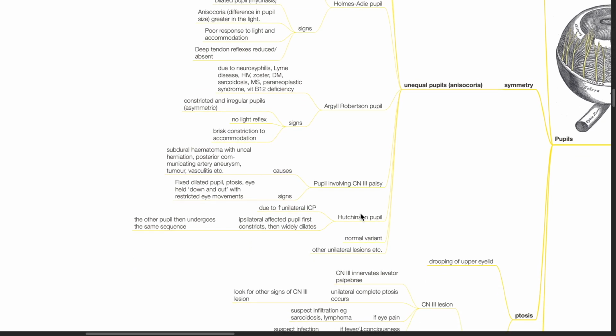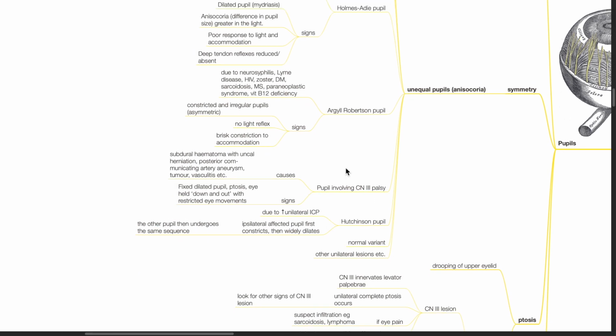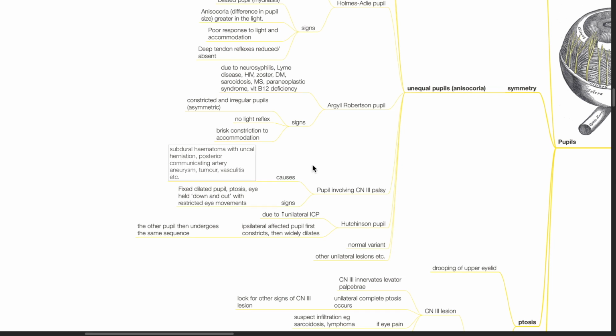Pupil involving cranial nerve 3 palsy. The pupil is fixed and dilated with associated ptosis, eye held down and out with restricted eye movement. Causes of cranial nerve 3 palsy include subdural hematoma with uncal herniation, posterior communicating artery aneurysm, tumor, vasculitis, etc.